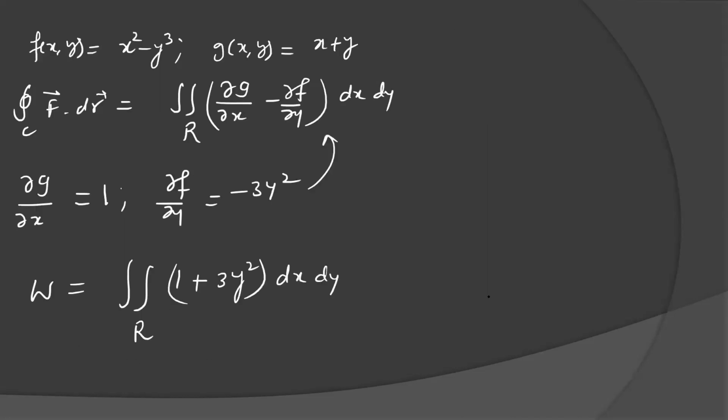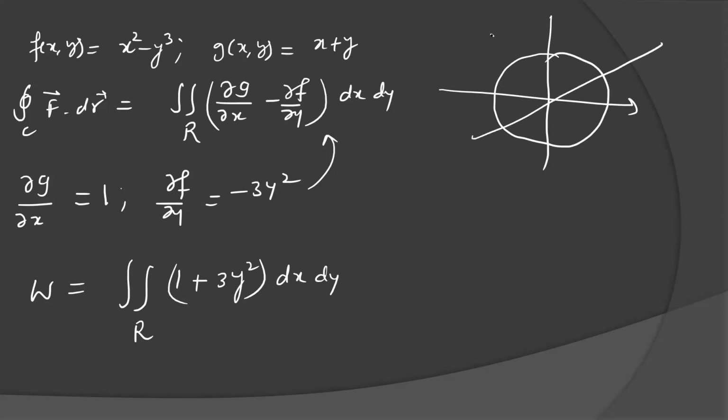Now for the limits of x and y, it is very difficult. Why is it difficult to take the limits? Because if you see carefully, you have many intersection points here. If you draw the strip here, then the head and tail are unique. But you have to draw a strip here also, because in this region the strip head is on the circle and tail is on the lower part of the circle, and head is on the upper part of the circle.